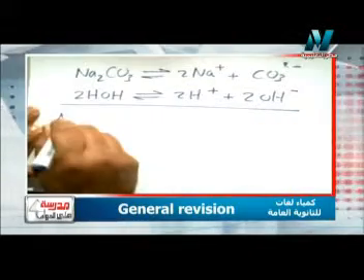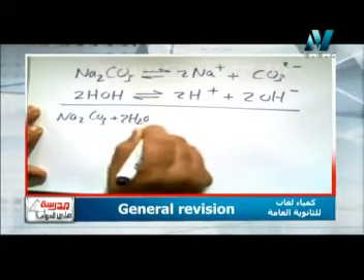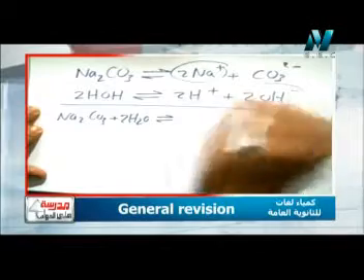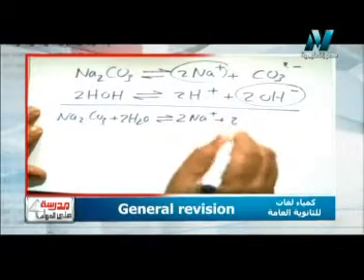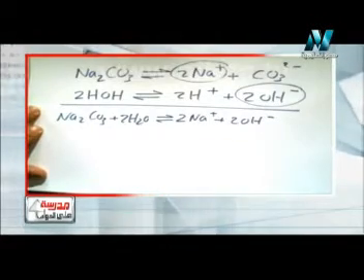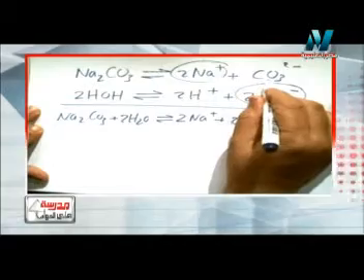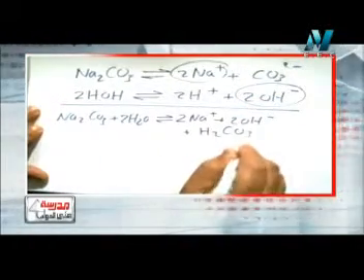Then adding sodium carbonate plus 2 molecules of water, it gives sodium hydroxide, a strong electrolyte, 2Na positive, 2OH negative, completely ionized. And the hydrogen combines with carbonate, because it is a weak electrolyte, to form carbonic acid.